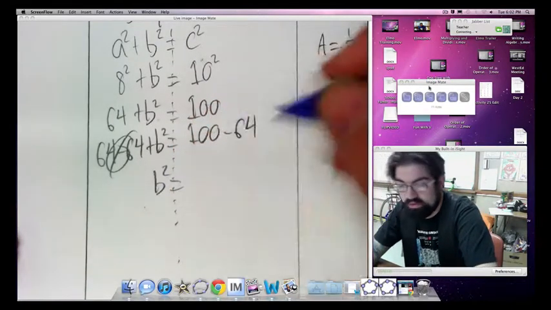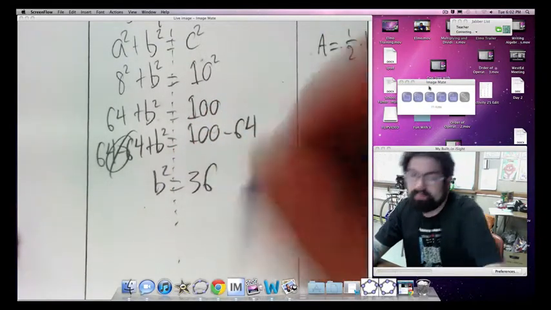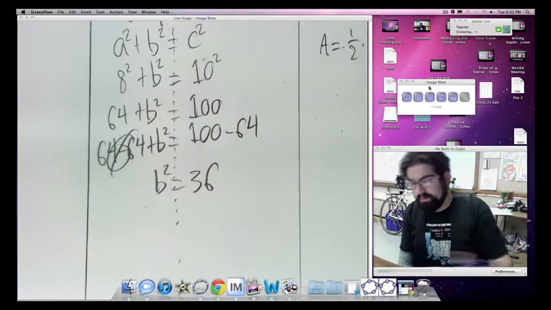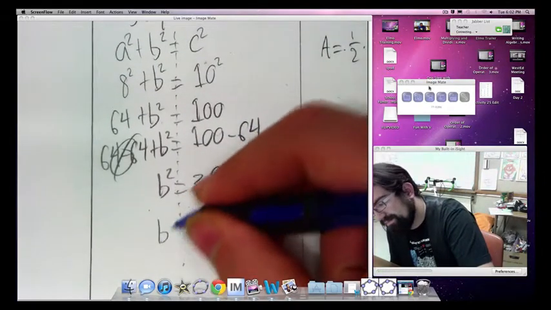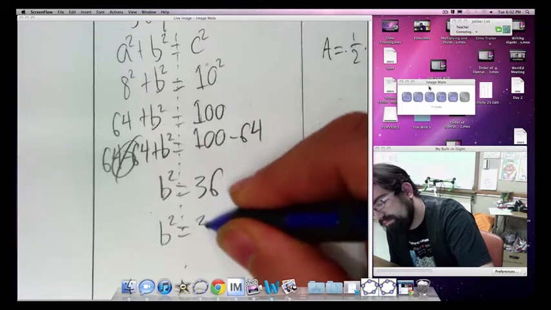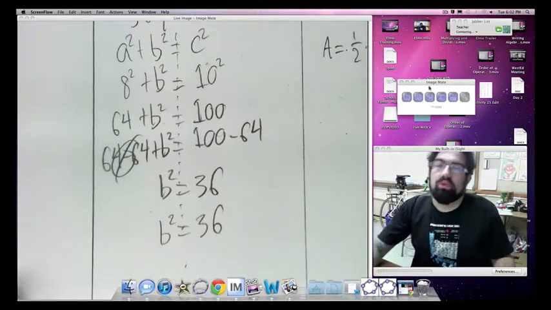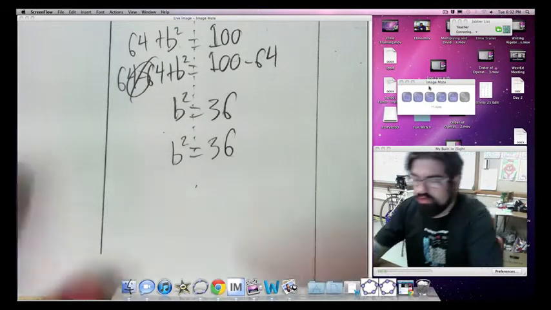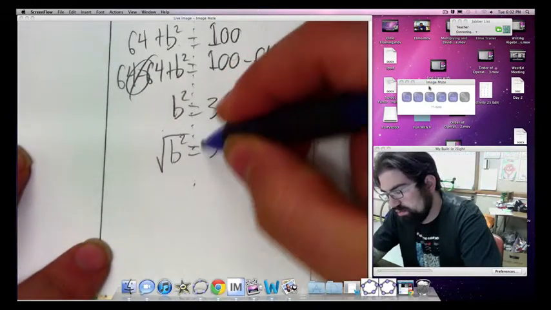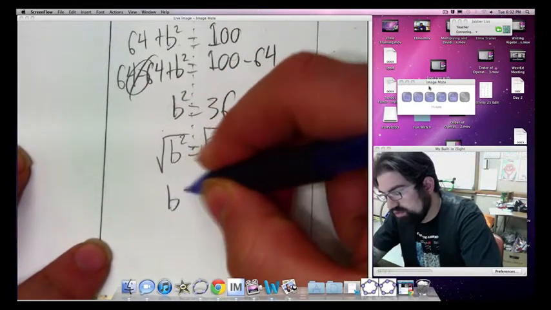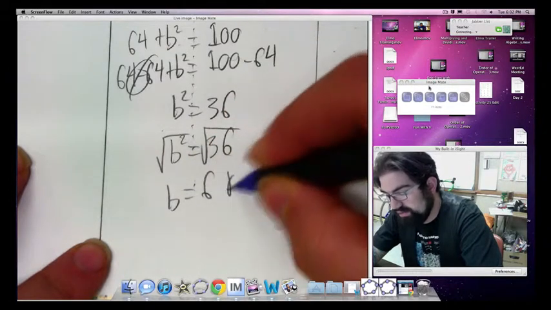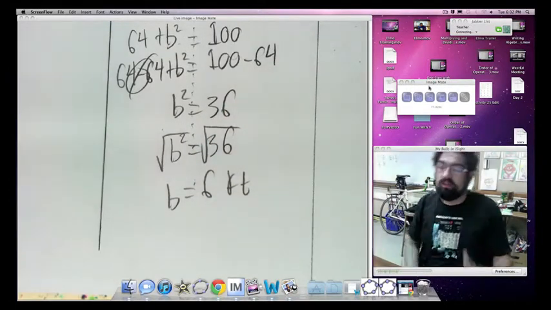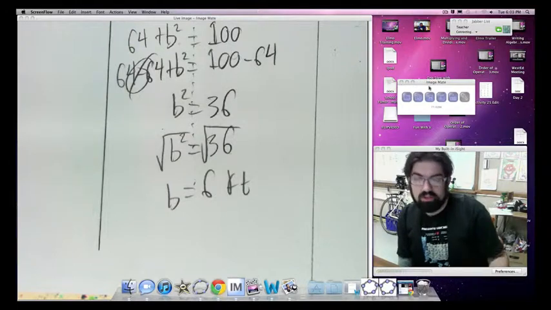B squared would be equal to, well, that's 36. I'm going to rewrite. The inverse operation of square is square root. So b equals 6 feet. And the units do matter. There we go, it's 6 feet.